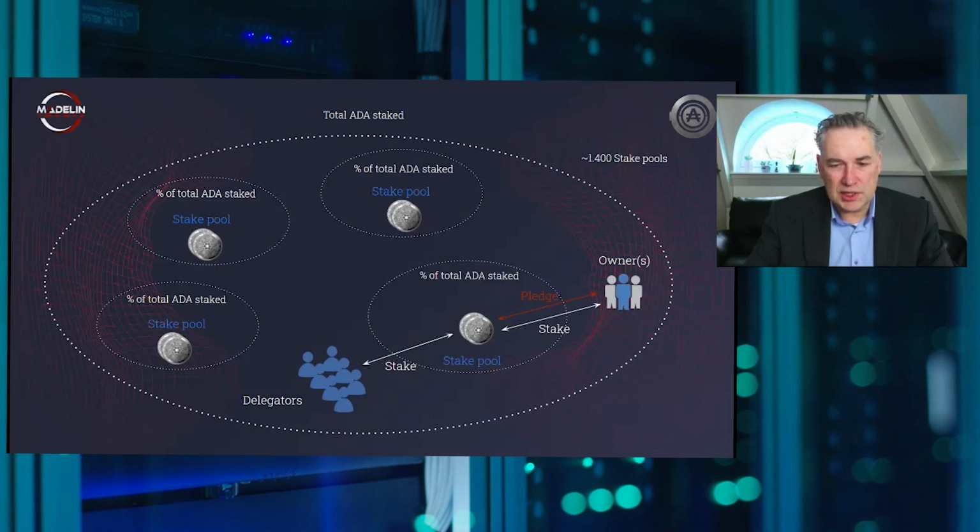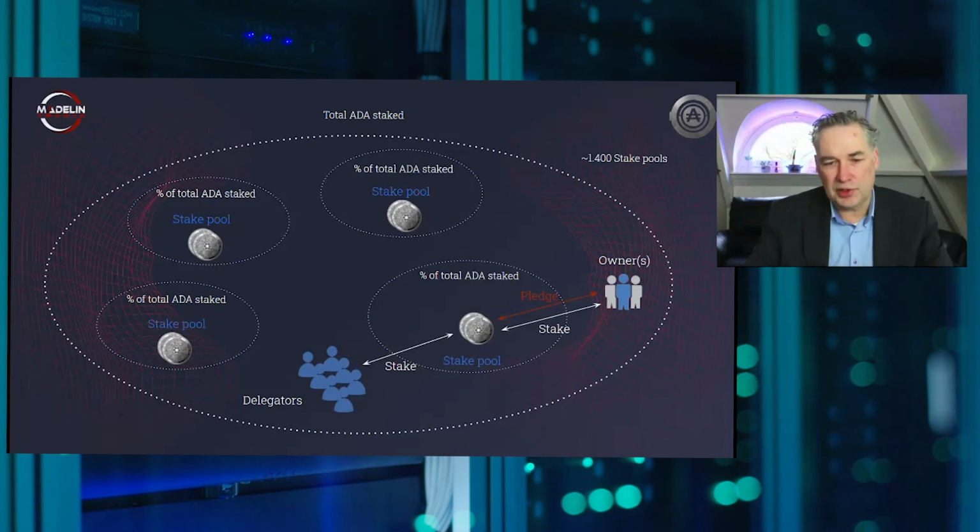How much is the stake pool owner committed to this blockchain? And the pledge has another reason, which we'll tell in a moment. Next to that, the owner can also stake like a normal delegator in the stake pool.